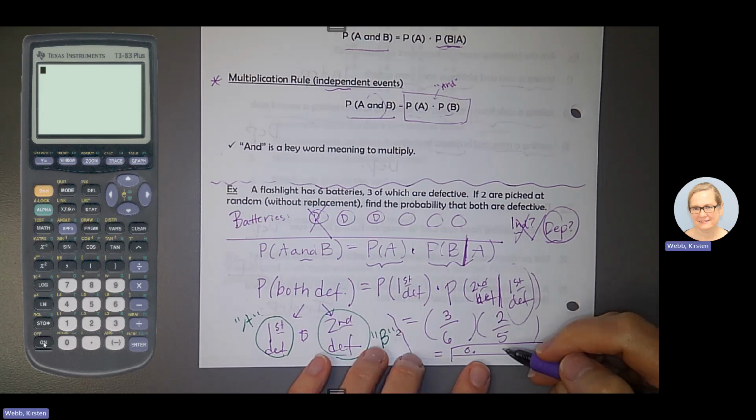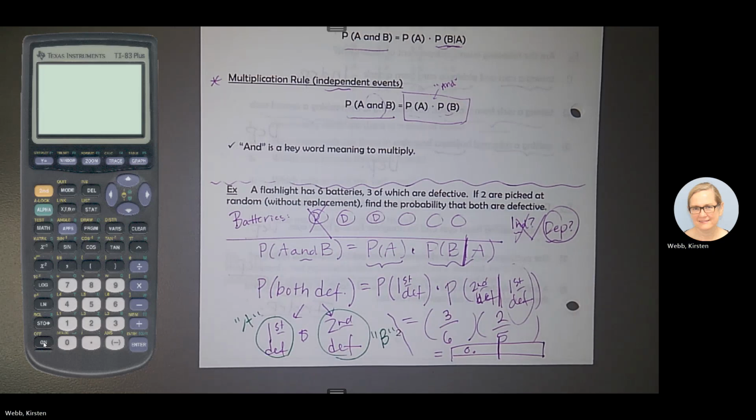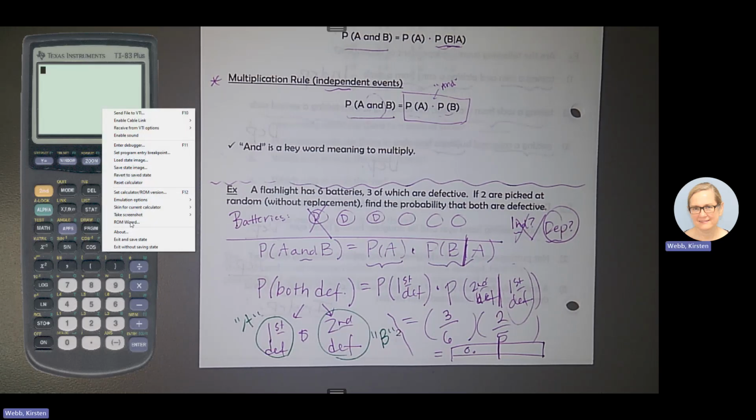How about we try giving the answer as a decimal and a fraction for practice? So I'm just going to type that whole 3/6 times 2/5 in at once, if my calculator will let me. It's not happy. Let's try this again.